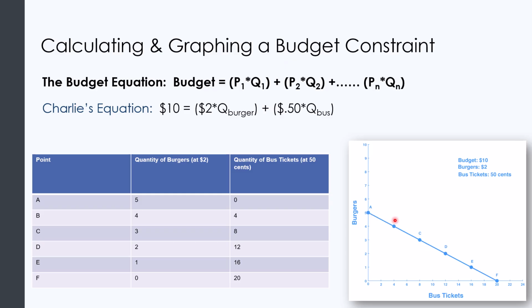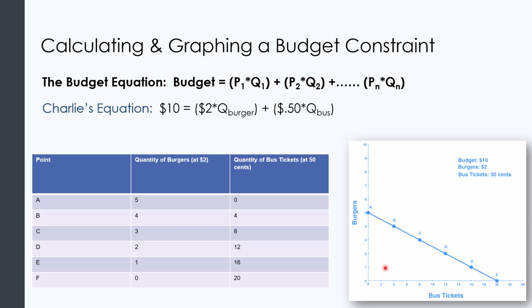All of these are maximizing the budget, using everything Charlie has available to him. If, however, Charlie chooses to be at some point beneath the line, some combination that leaves our person with some money left over, he's underutilizing his budget.